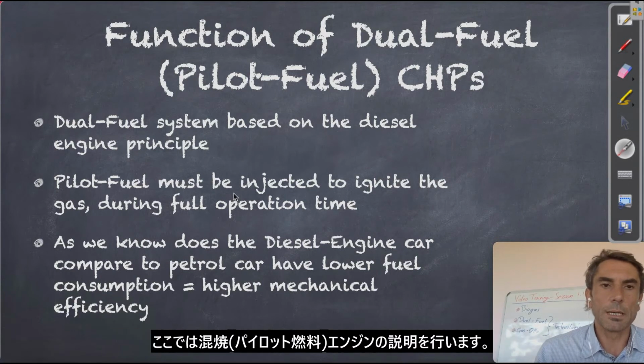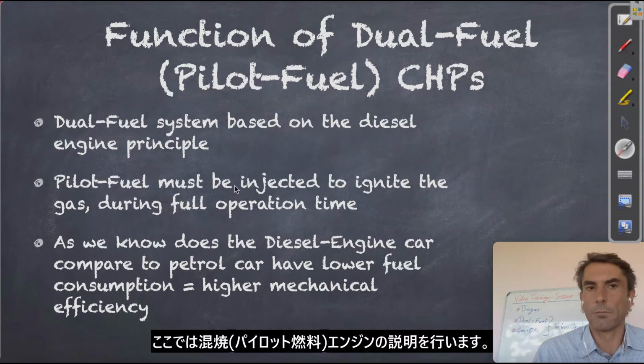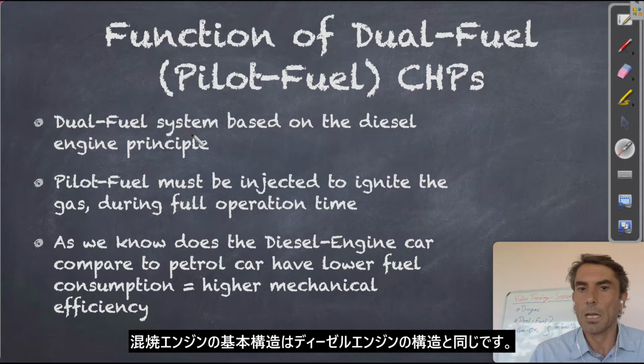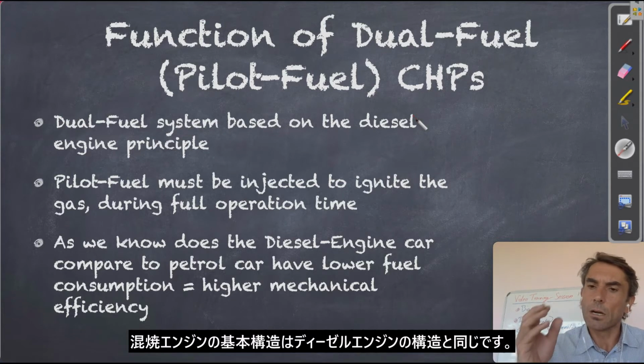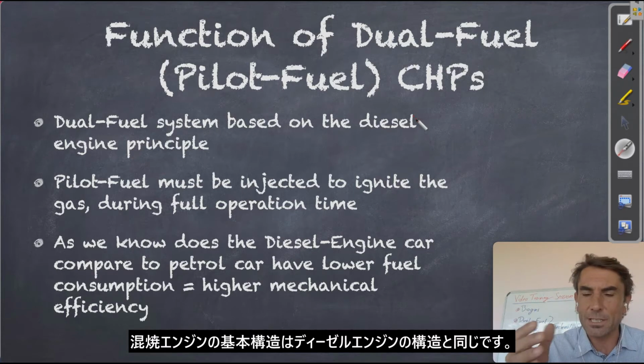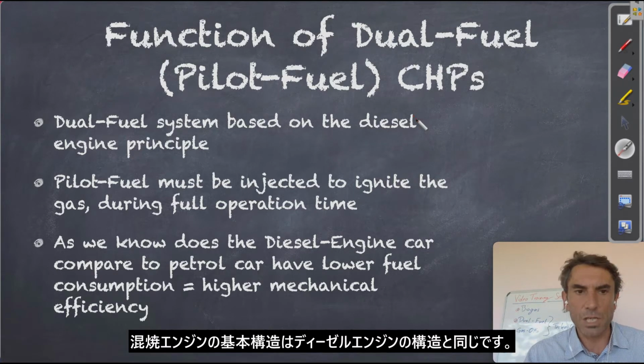Okay, so here we are now on the function of a usual pilot fuel CHP technology. The usual system is based on a standard, so the basic function is based on a diesel engine principle.